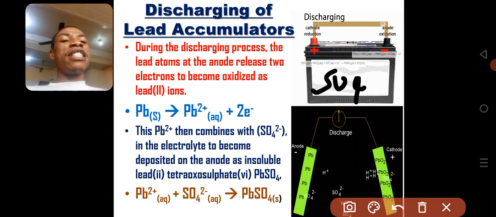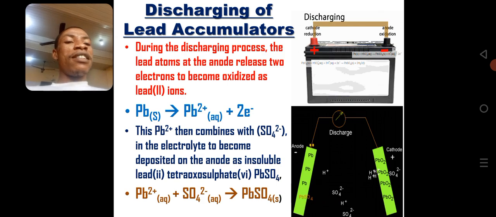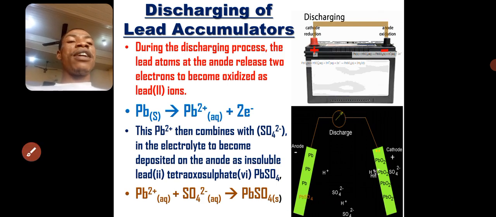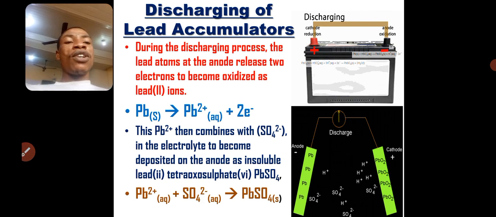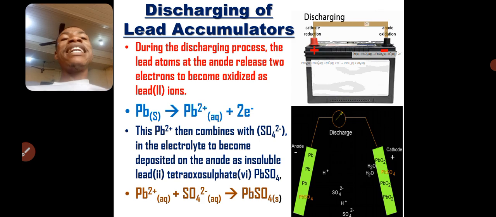As you can see in this place, try and look at the second diagram very well. You will see where the sulfate ion goes to the lead to form PbSO4. Good. So that's what happens at the anode.